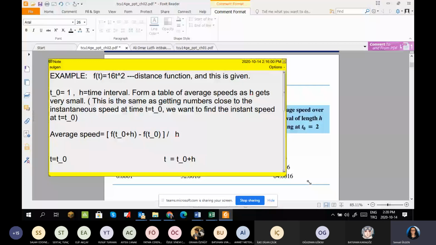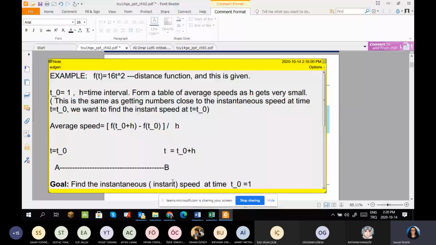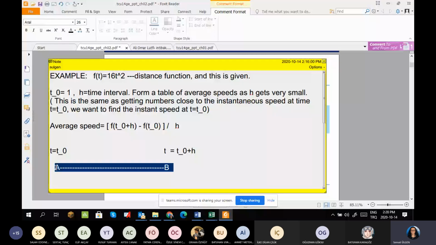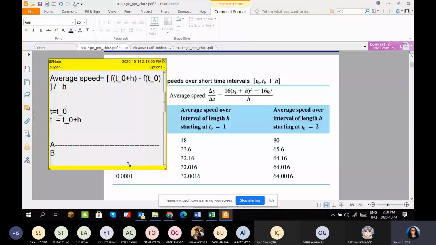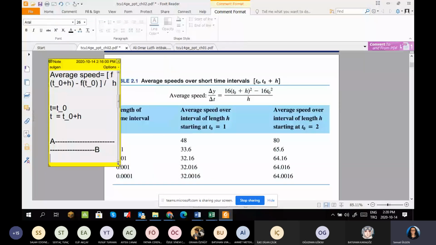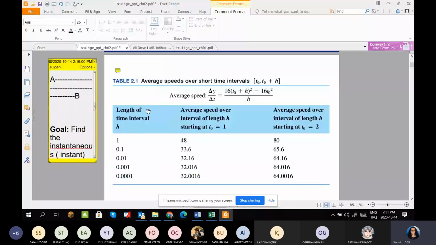I'm going to just show you the table here. So the table says, for example, h is 1 first and then 0.1, and our interval is getting smaller and smaller: 0.01, 0.001.